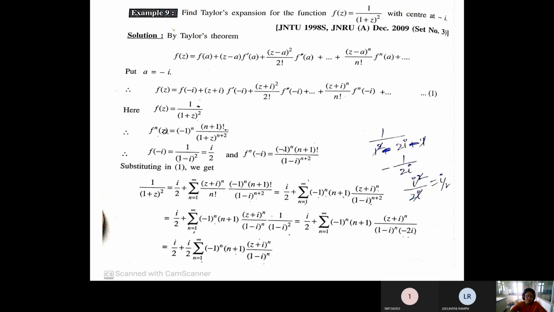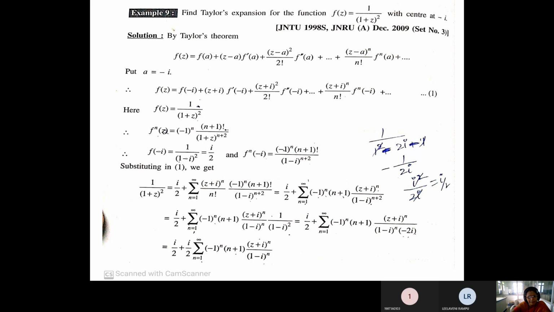f of z equal to f of a plus (z minus a) f dash a plus (z minus a) whole square f double dash a, like that. Put a equal to minus i. For that we have to find f dash minus i, f double dash minus i, so on, fn of minus i. We have taken the general formula for the nth derivative of f of z, that is equal to (minus 1) whole power n, factorial n plus 1 by (1 plus z) whole power n plus 2.